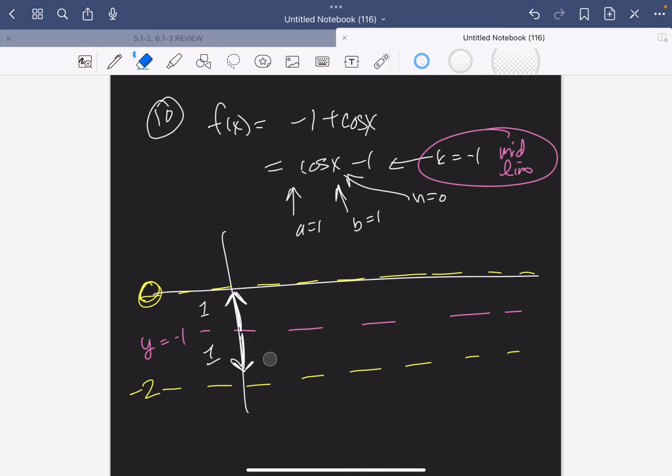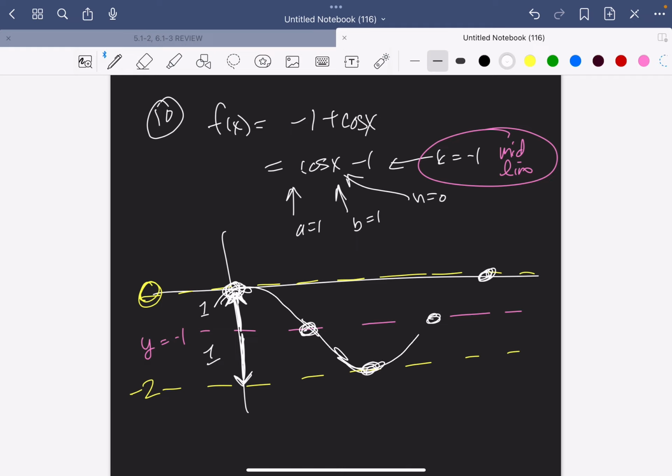So just to make sure that's clear, this is going 1 down this way and 1 up this way. Okay. So we see that cosine starts at a peak, so it's going to start at a peak, go to a midline, go to a valley, go to a peak, go to a midline. So it's going to look like this, right?